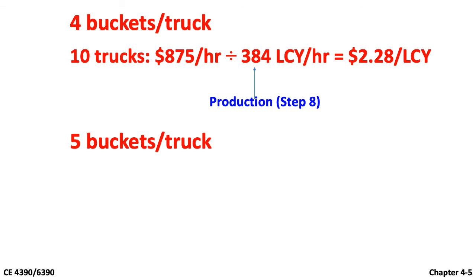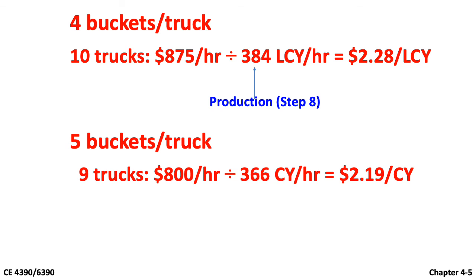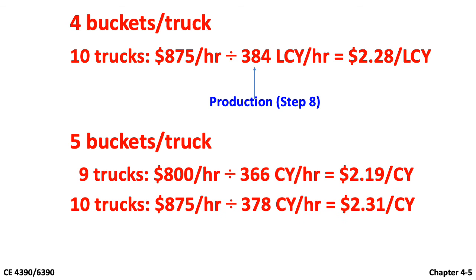Now you need to repeat this process for the other two options with 5 buckets. With 5 buckets and 9 trucks, the unit cost is $2.19. And the third option, 5 buckets and 10 trucks, we got $2.31 per cubic yard. Now you can compare these three options, and we choose 5 buckets and 9 trucks because it requires the least unit cost.